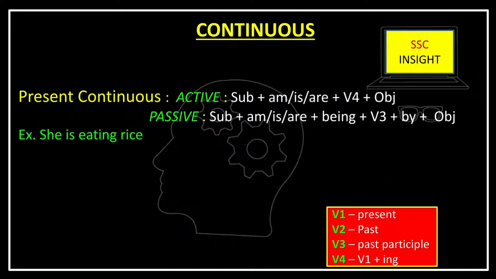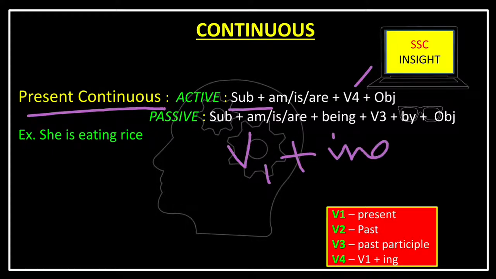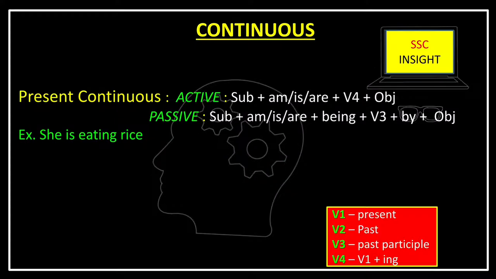Now I consider the continuous portion. In case of present continuous, the active form of the verb will be subject plus am or is or are plus the fourth form of the verb, that is first form plus ing, plus object, and the passive form is subject plus am or is or are plus being plus past participle plus by plus object.